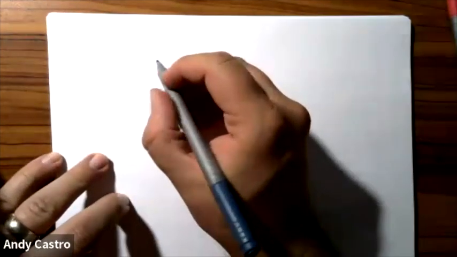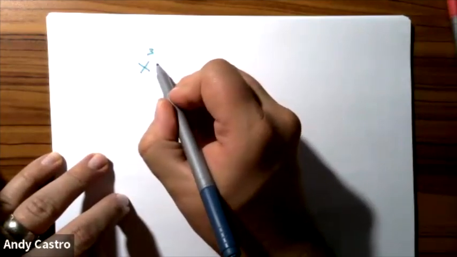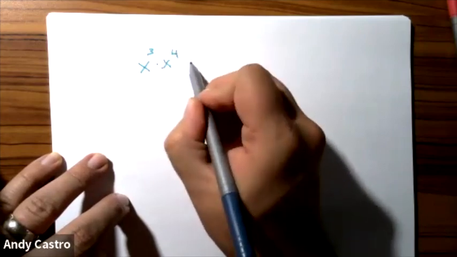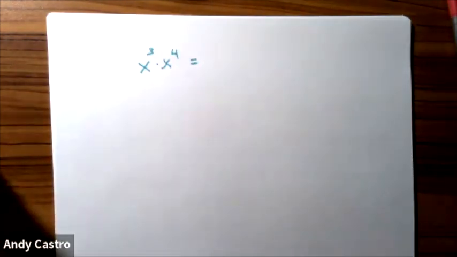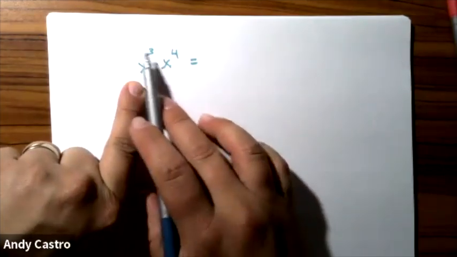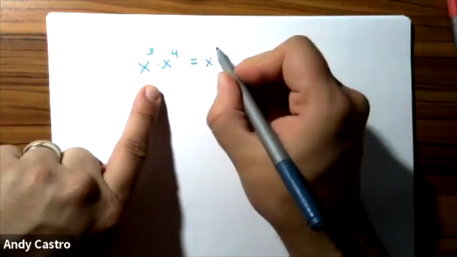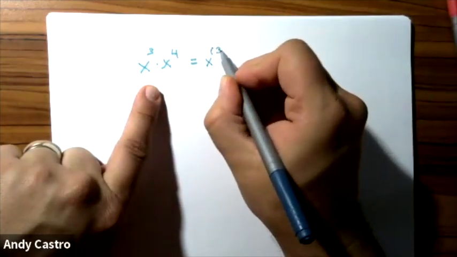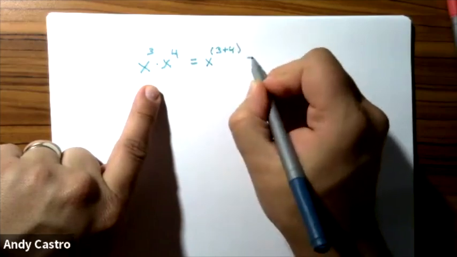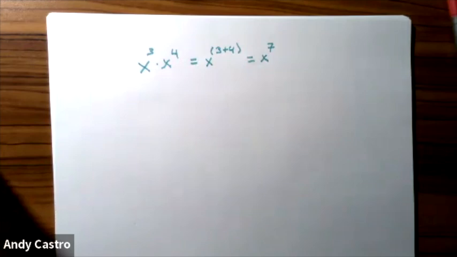And we're going to introduce variables into this too. So if we have x to the third times x to the fourth, what is that? Well, I have similar bases, so I can combine these by adding the exponents. This is x to the 3 plus 4, and that is x to the 7th power.